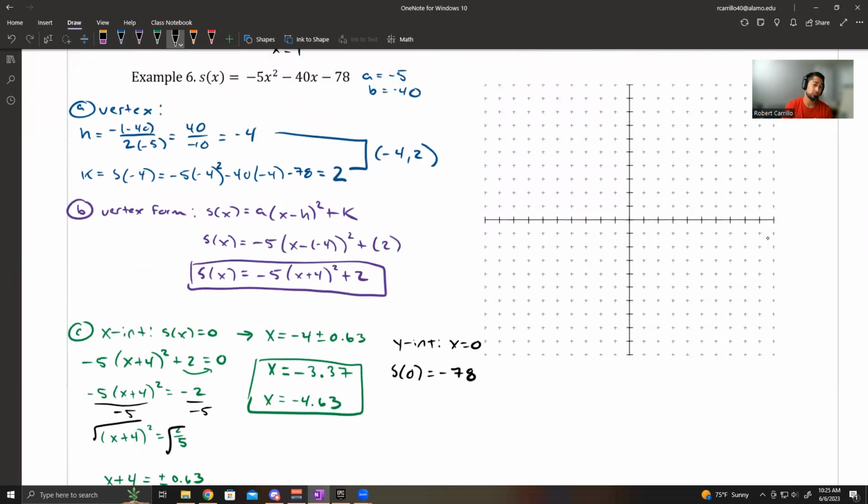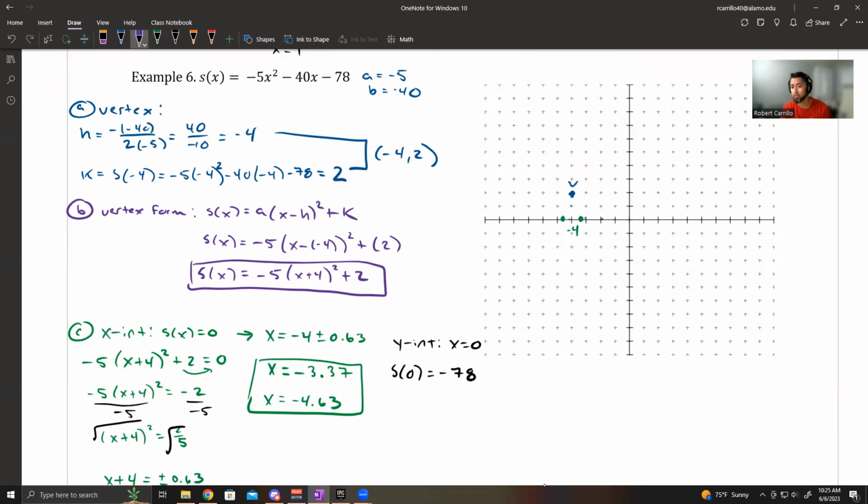Okay, so plot the vertex, -4, 2, 1, 2, 3, 4, 1, 2, right here. There's my vertex. My x-intercepts, we found them, -3.37. So if this is -4, -3.37 would be somewhere around here, and -4.63 would be somewhere around there.